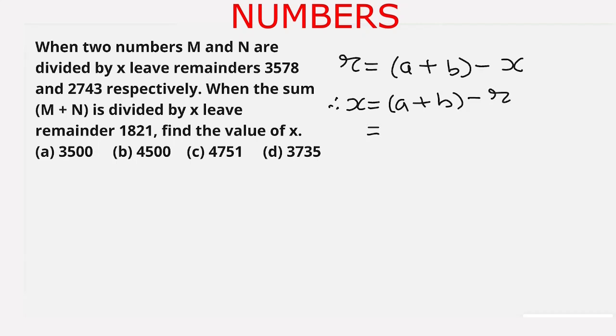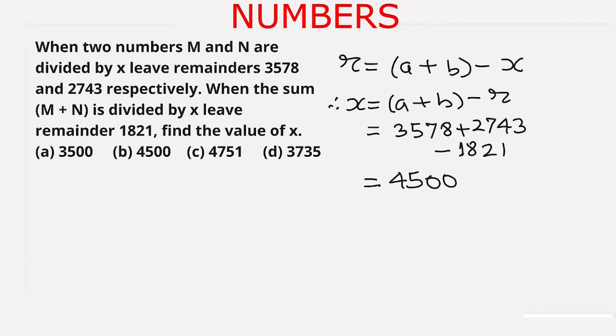Here a equals 3578, b equals 2743, r equals 1821, and this is equal to 4500. And from the given options, our answer is option B.